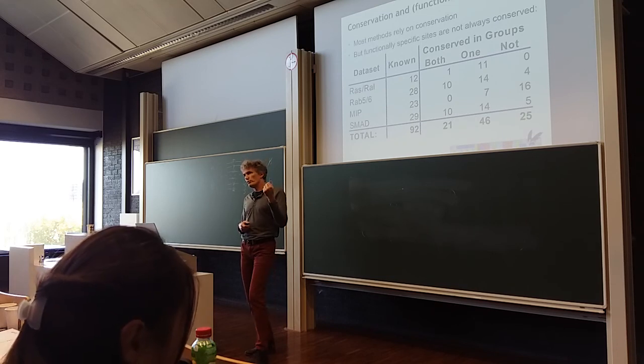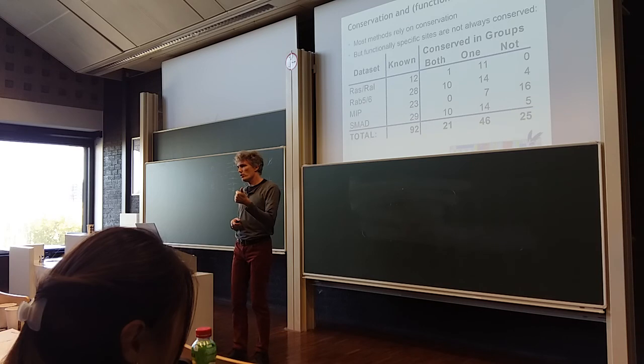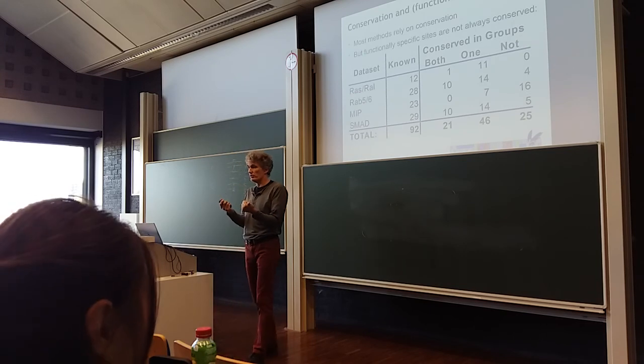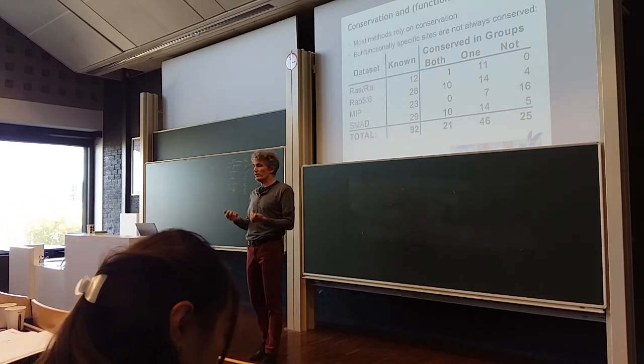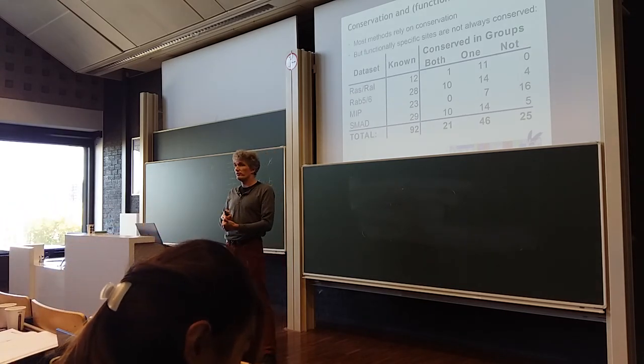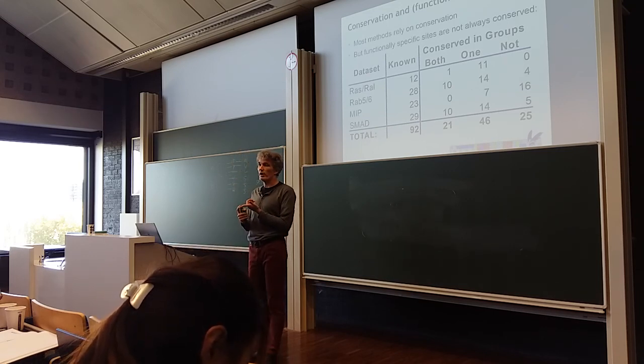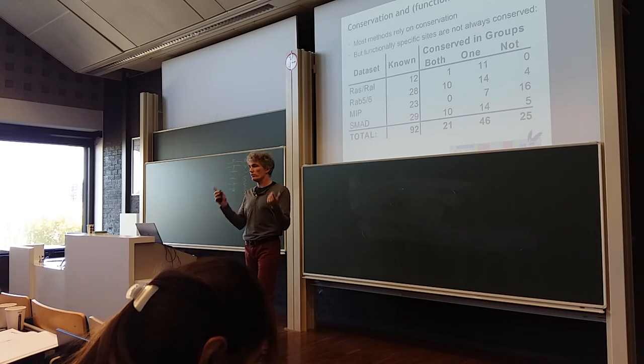There are two problems with conservation. First of all, you don't know what it was conserved for. Presumably the function, but the function has different aspects. It could be the stability of the protein. It could even be something about the messenger RNA secondary structure, that you don't want secondary structure in messenger RNA.